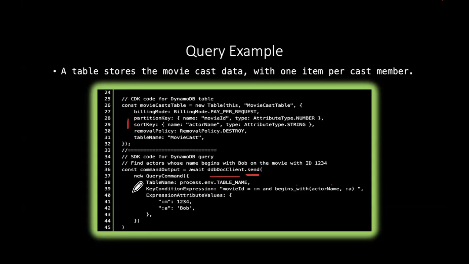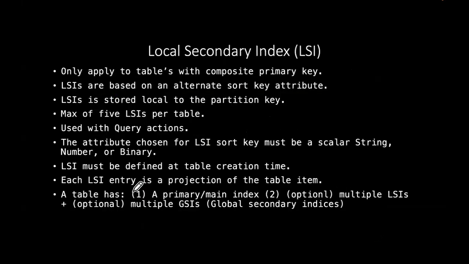Or there might be some other combination of movie ID and some other attribute or property of the actor that I want to do my querying on. For those other cases, you can also specify what's called a local secondary index for a table. These local secondary indexes, or LSIs, only apply to tables with composite primary keys.